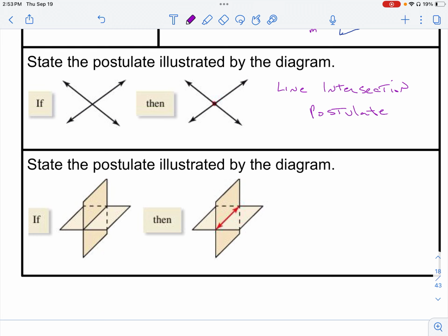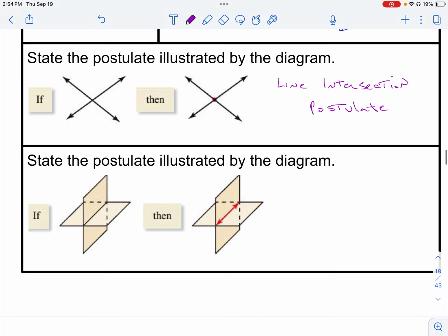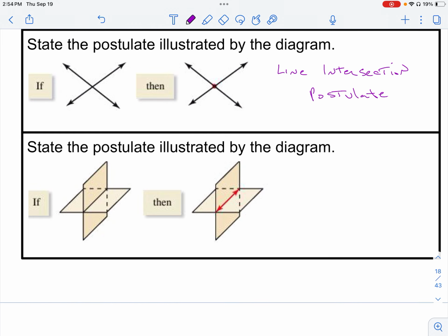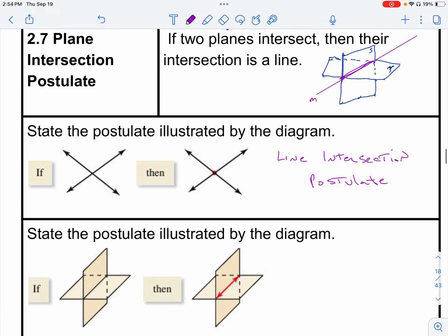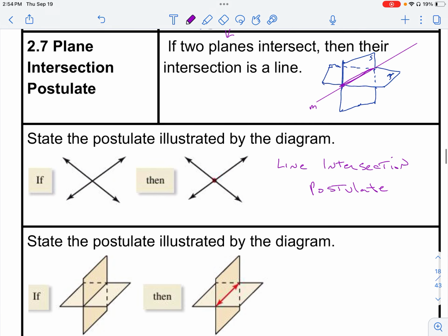Skip down to the next one. State the postulate illustrated by the diagram. If 2 planes intersect, then their intersection is a line. That one's right here. It is the plane intersection postulate.